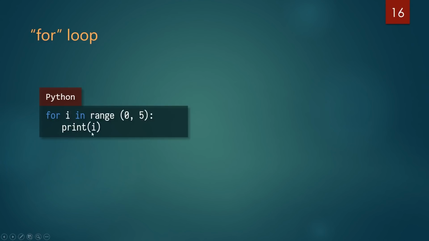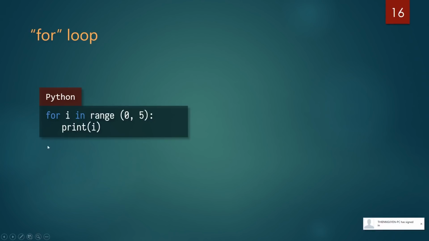So the first time this command runs, it will print i, and i will be 0. And then it executes again, but the second time, i will take the value 1, because this range of 0 to 5 generates 0, 1, 2, 3, and 4, and each time it runs, it's the same code, but with a different value of i.